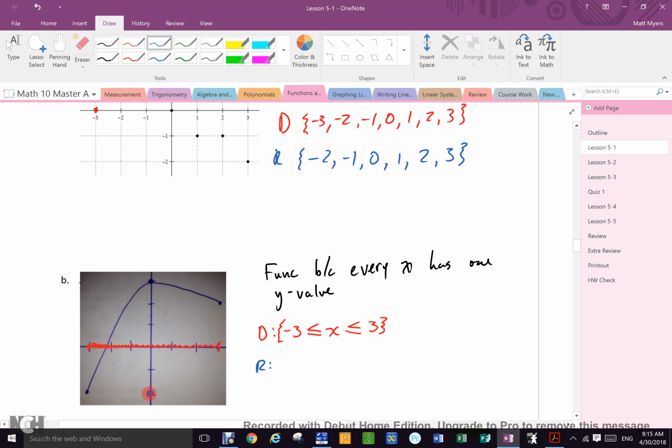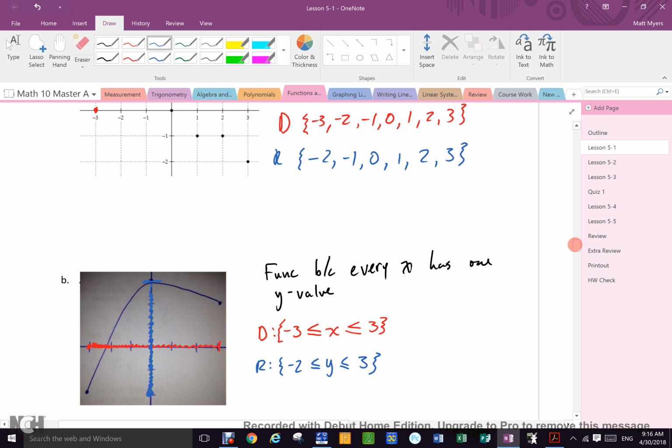Right? Agreed? Does it go up all the way to the highest y value? Not here, but up there. So what's our range? Negative 2 less than or equal to y, which is less than or equal to what? 3. Does everybody understand?